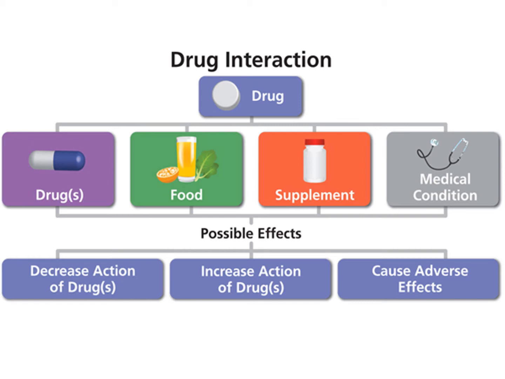Drug-drug interactions can be significant. You could be taking, say, a very powerful blood thinner like warfarin, and then you get put on an antibiotic that has serious interactions with warfarin, and it stops the warfarin from being broken down.